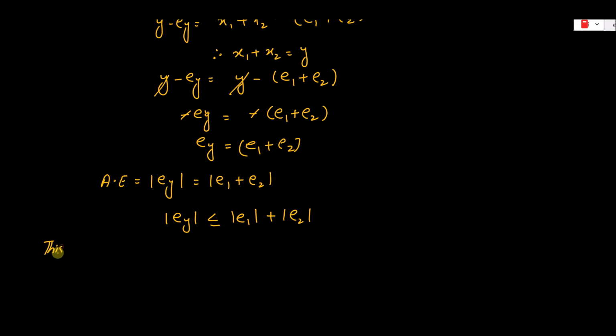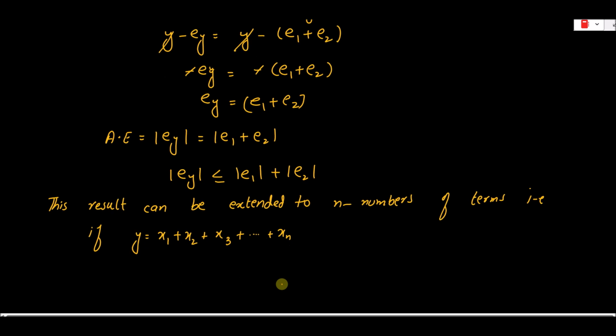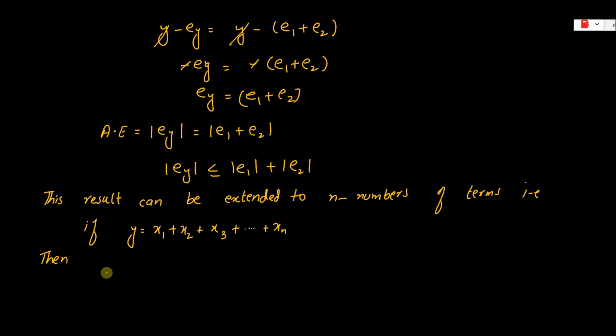This result can be extended to n terms, that is, if y is equal to x1 plus x2 plus x3 and so on up to xn, then ey is equal to e1 plus e2 plus and so on up to en.